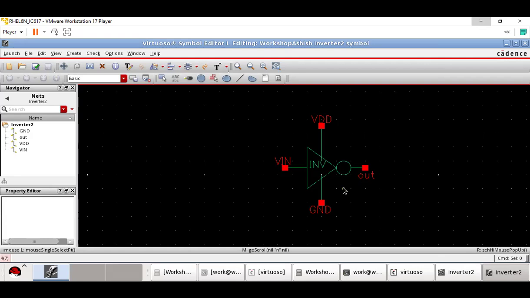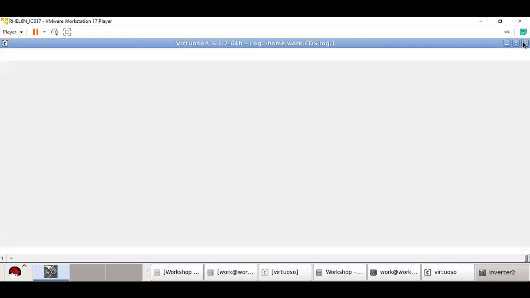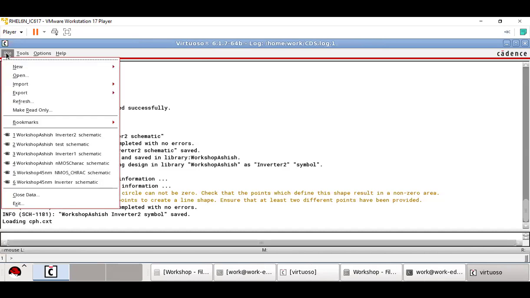Okay, so we have created the symbol. Now, once this symbol has been created, we can close this window. Now I want to test whether this symbol works exactly the way the other inverter was working.